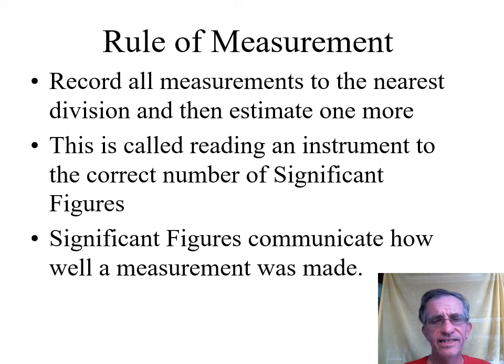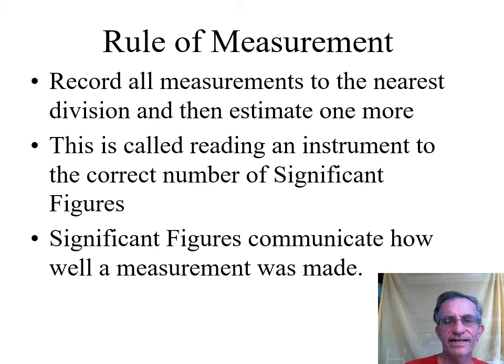That rule says whenever you're reading a measuring device, it could be the thermometer in your lab kit, it could be a ruler, which is also in your lab kit, or a cylinder that we're using to measure the volume of a liquid.